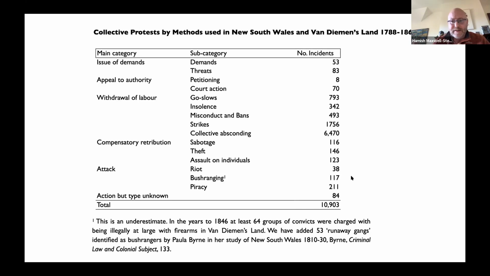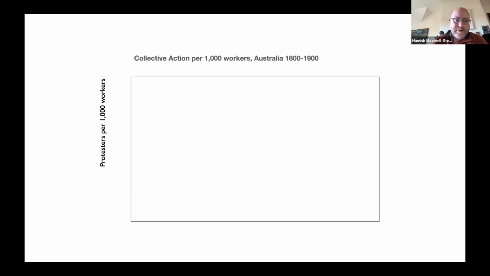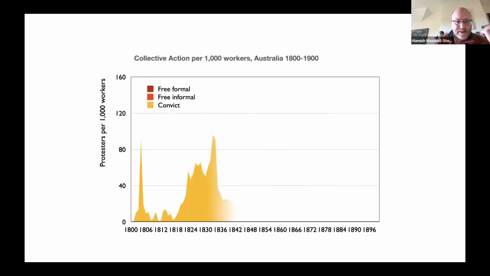And so using this big data, we were able to reconstruct the collective protest rate amongst convicts as measured as every 1,000 convicts on strength. Now, the apology here is the one missing bit in the convict visualization is Western Australia. So this is going to need to be added. But you can see the Castle Hill Rebellion in 1804, and then this wave of convict protest in the 1820s and 30s.